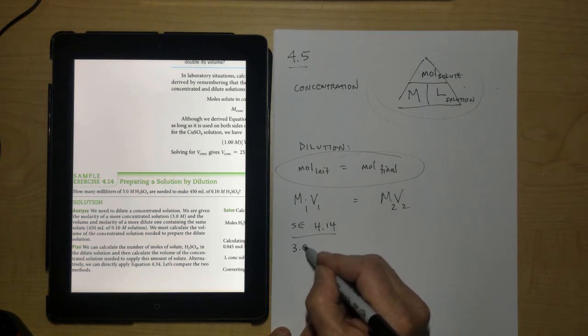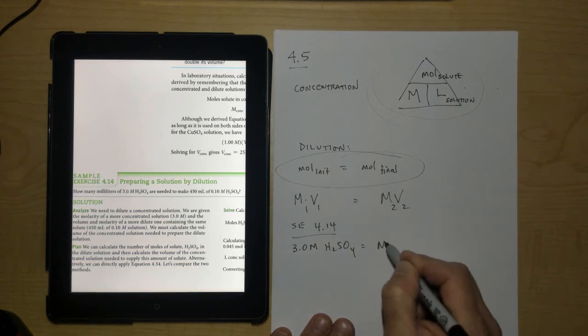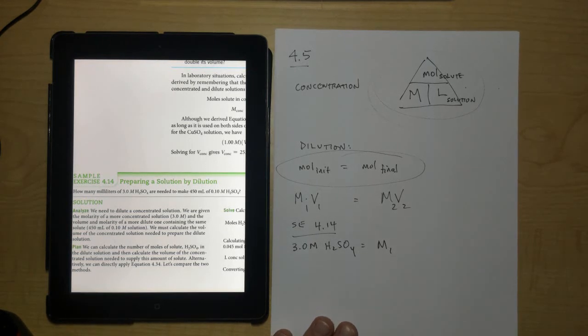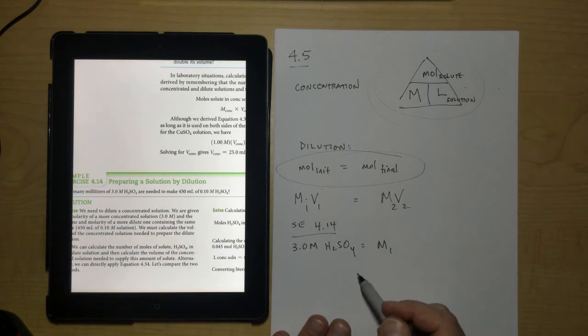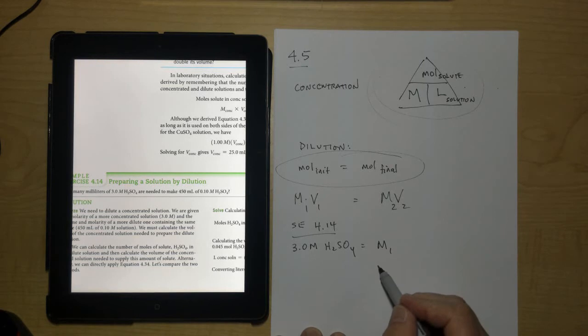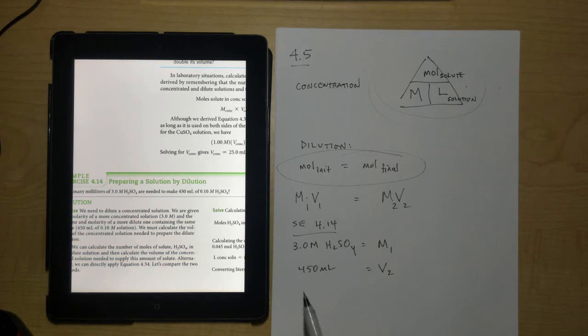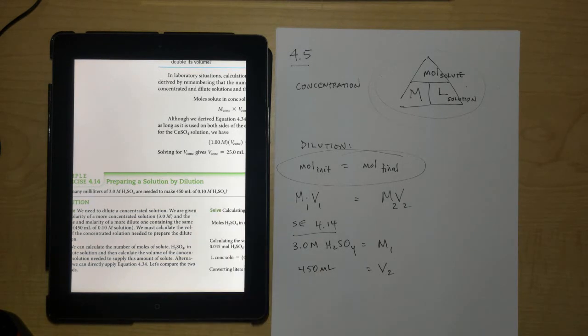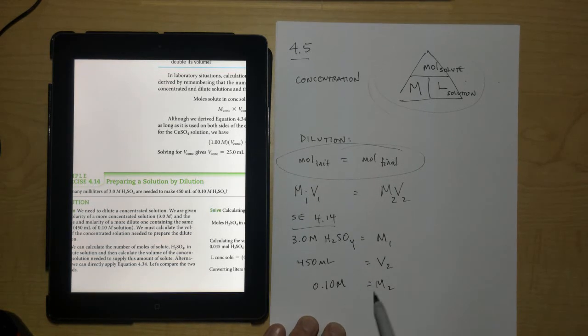I have 3.0 molar H2SO4 to start with, so that's my initial molarity. Then we're going to make 450 milliliters, so that's my final volume. And eventually I want it to be 0.10 molar, so my final molarity is 0.10 molar. So that's my data pieces.